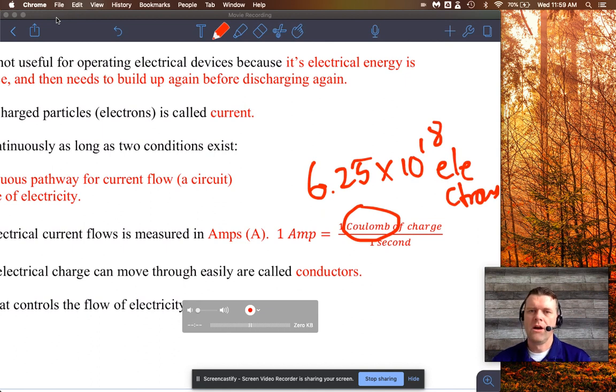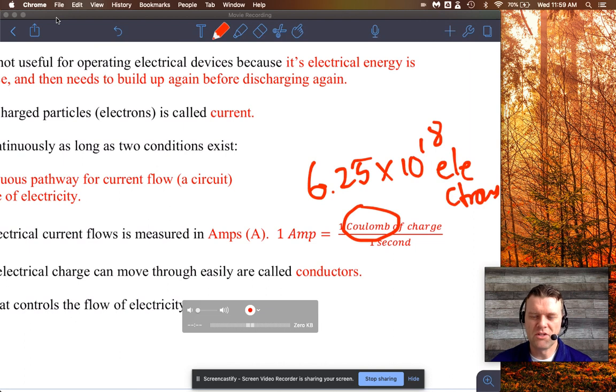But anyway, Charles Coulomb was a French scientist who was studying actually the force between charged objects. And so the unit of charge got named after him. Okay. Actually, amps is really from another French scientist named Ampere. And so we have a lot to thank the French for in terms of our understanding of electricity.